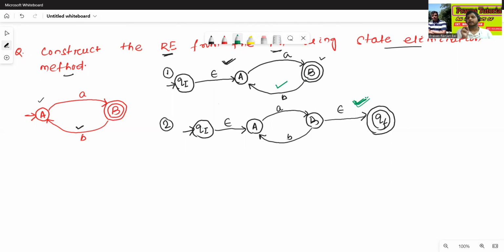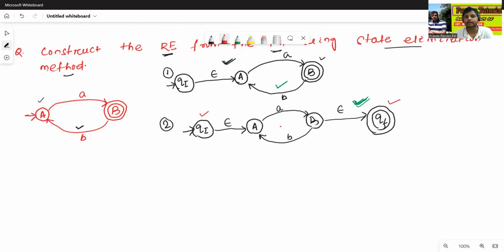What is the fourth rule? Eliminate all states one by one, except the initial and final state. What is the initial state? Qi is the initial state. What is the final state? Qf is the final state.